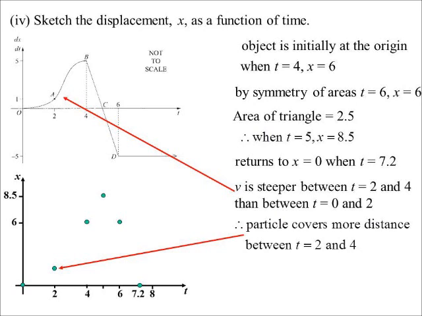So that means it covers more distance between 2 and 4. So I'm going to, at 2, plot a point lower than 3. I don't know exactly where it is, but I'm going to put it lower than 3 because I know it covers more distance between 2 and 4 than it does between 0 and 2. Because it's going quicker. It's steeper.